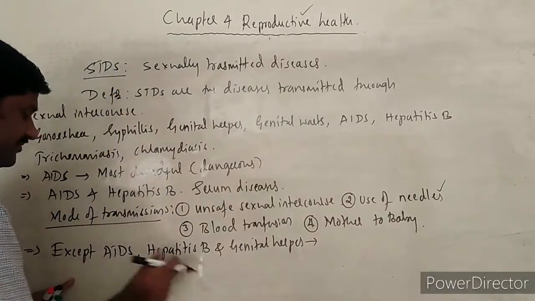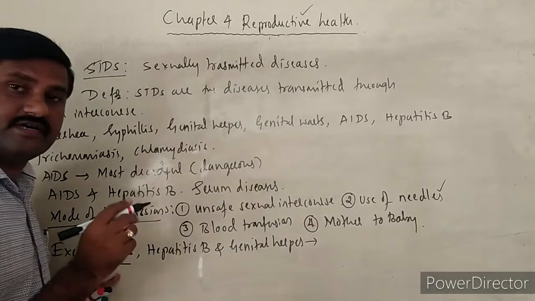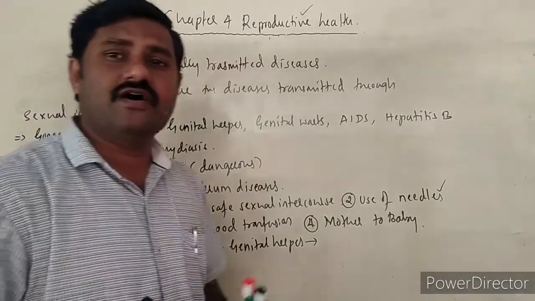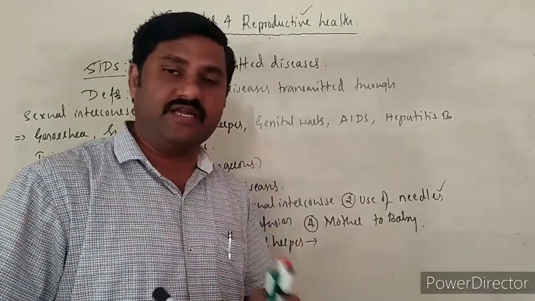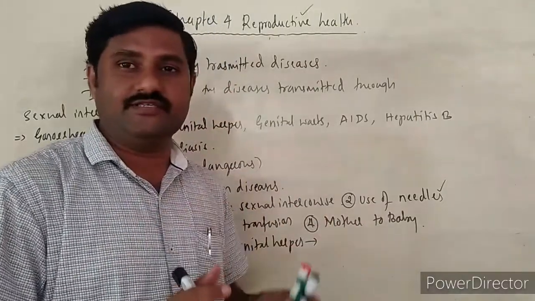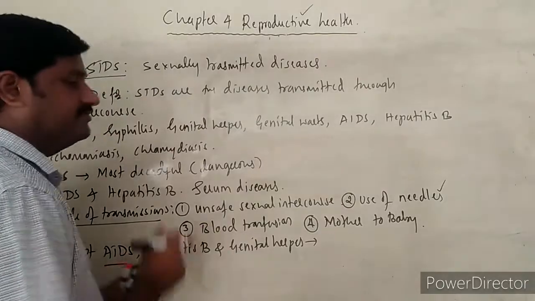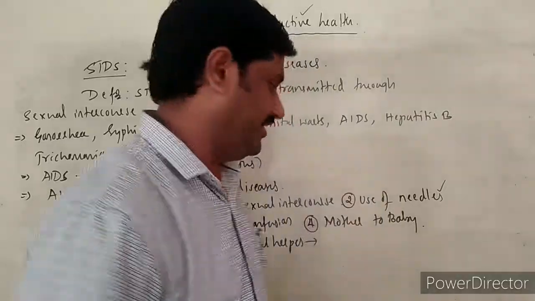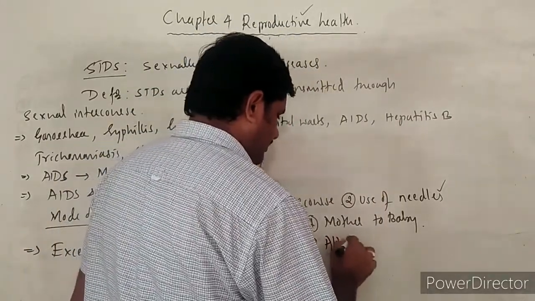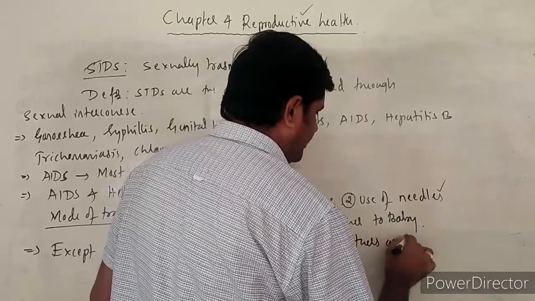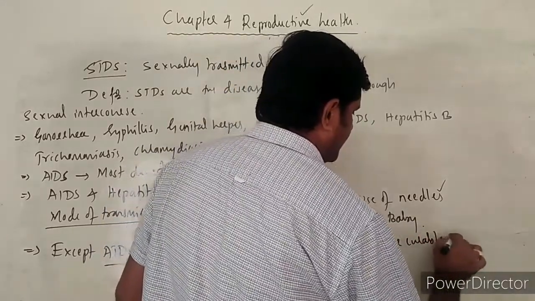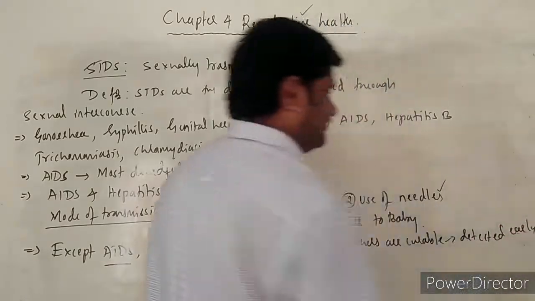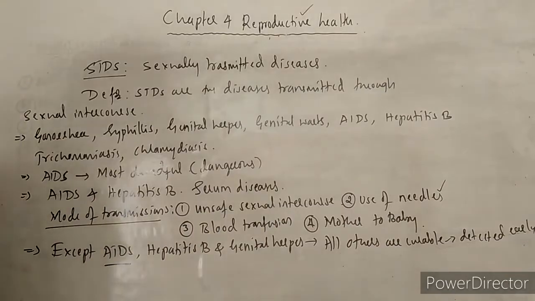Except these, AIDS, hepatitis B as well as genital herpes, are sometimes incurable even if detected early, but all others are completely curable if they are detected early, right? The point to be noted over here.